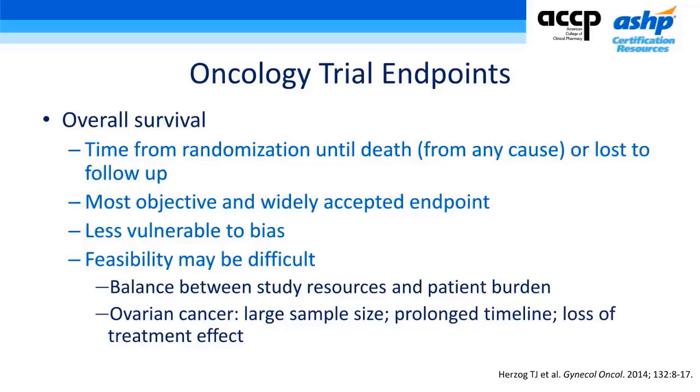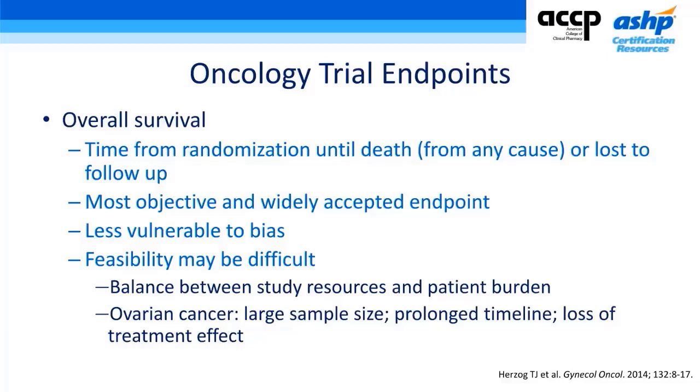Overall survival is the time from randomization until death from any cause or loss to follow-up. This type of endpoint is less vulnerable to bias, and it is the most objective and widely accepted endpoint in oncology studies. However, the feasibility may be difficult, and it could be a balance between study resources and patient burden, because patients need to keep coming back.